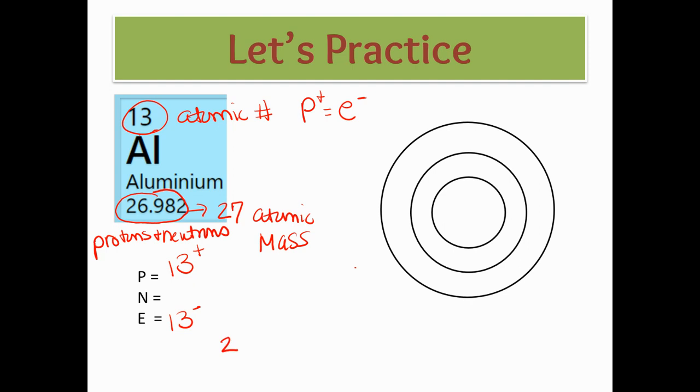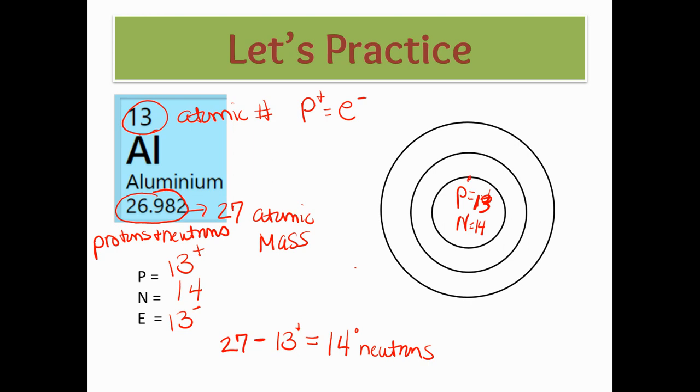Therefore, we can say 27 minus 13 is going to equal 14 neutrons. We can put 14 right here. So P equals 13, sorry for that mistake, guys, and our neutrons equal 14.